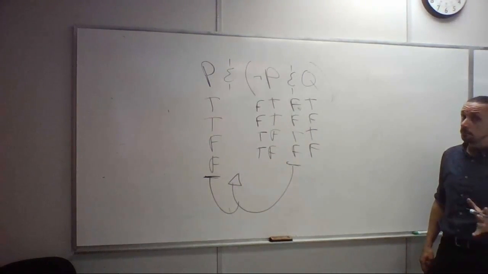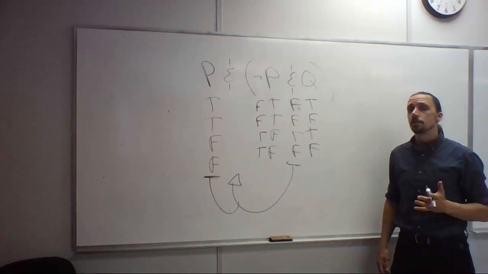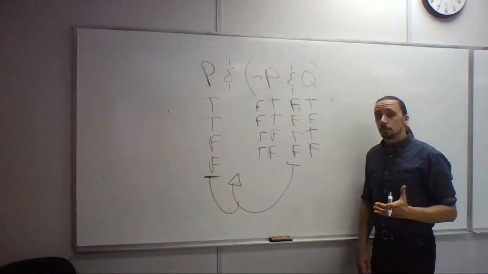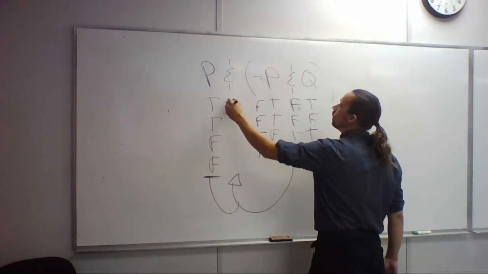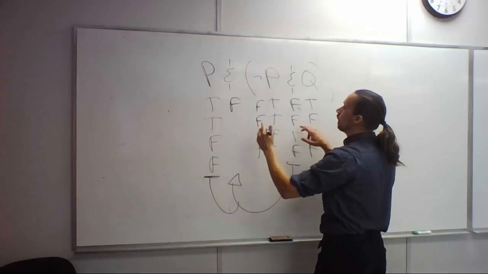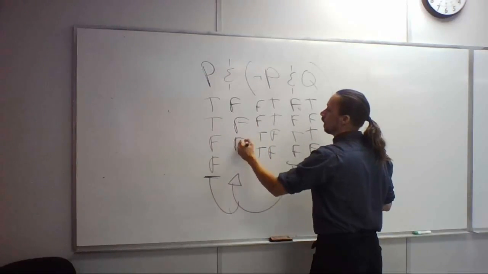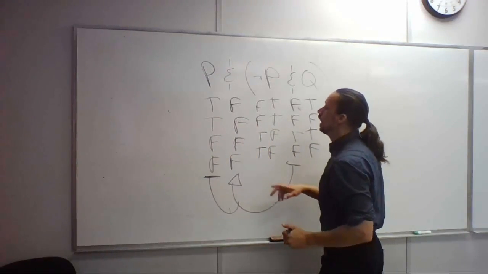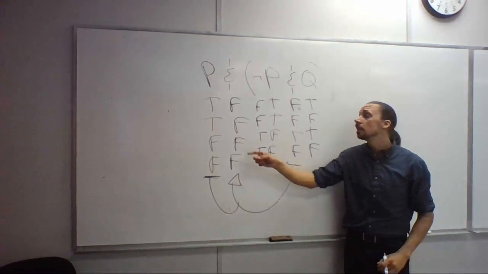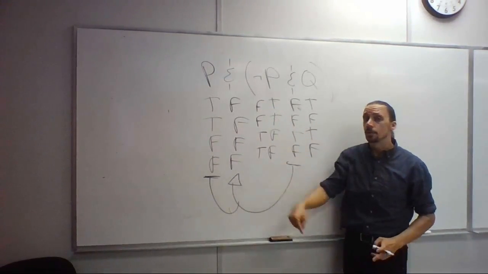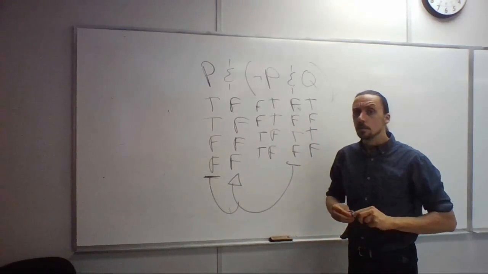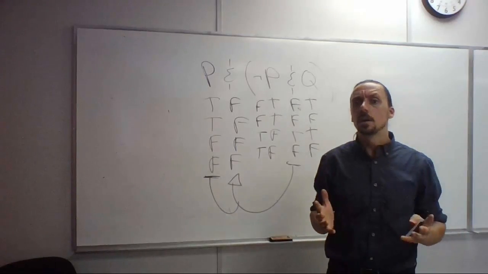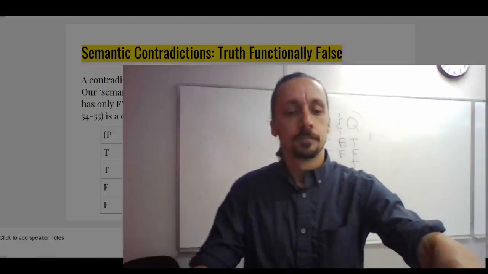And if I did do it right, it should all come out to F's, giving us the contradiction. So under every possible truth value assignment, the sentence's main logical operator comes out false, so it is, as we expected, a contradiction. So you can use the truth table to prove that things are tautologies or contradictions.